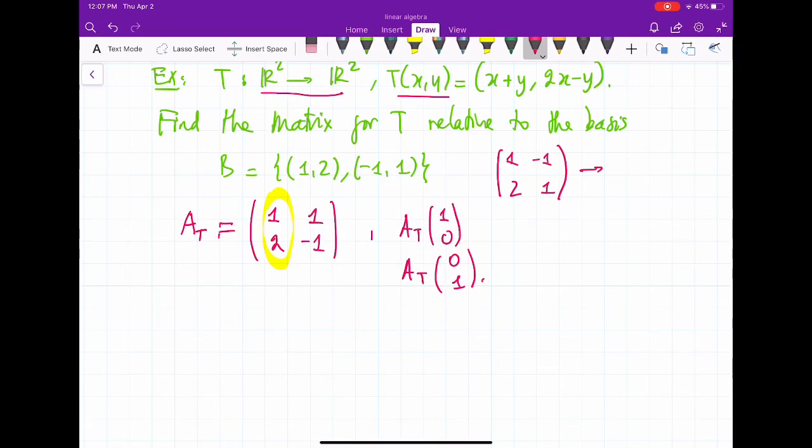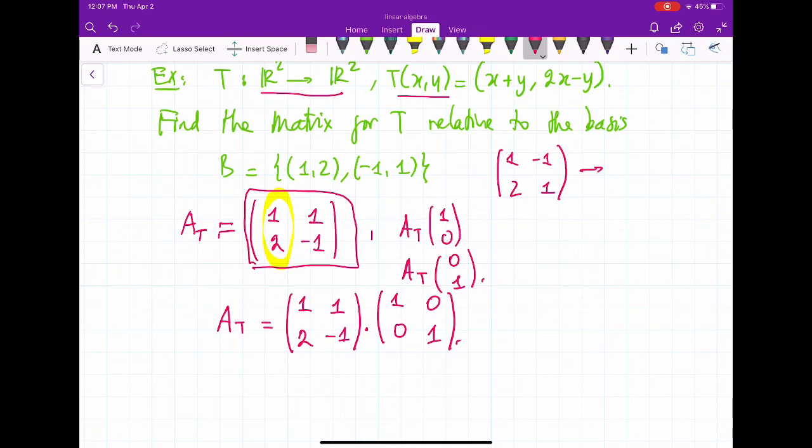So basically, if you write this in the form of a matrix product, you would have the following: A equals 1, 1, 1, negative 1, multiplied by 1, 0, and 0, 1. Make sense? Because in the result, you would get the representation of T with respect to this basis.